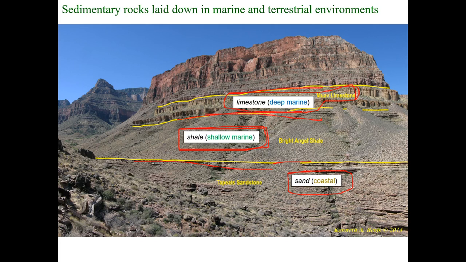So sometime after it was coastal for a long time, it changed and became covered with water. Later, it became deep marine. So the story being told here in the rocks is one of a rising sea. In this particular area, the sea levels were rising, and it was getting deeper and deeper and deeper.